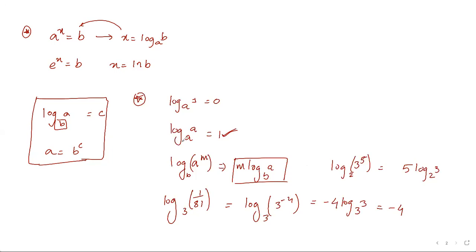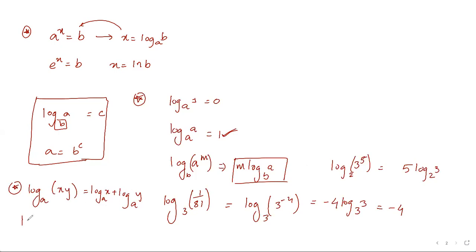These are some of the basic properties. In the advanced properties, suppose you have a product of two functions, let's say log of xy to the base a. This can be written as log x to the base a plus log y to the base a. What does it mean?